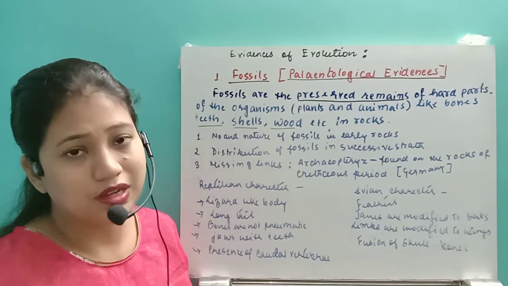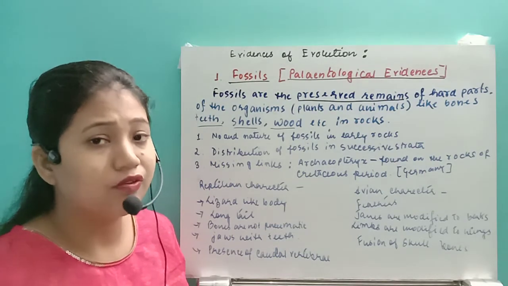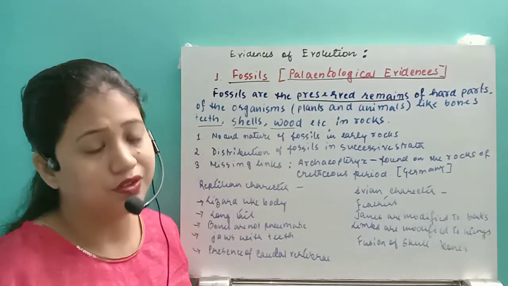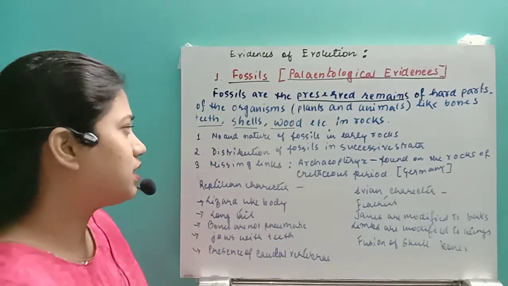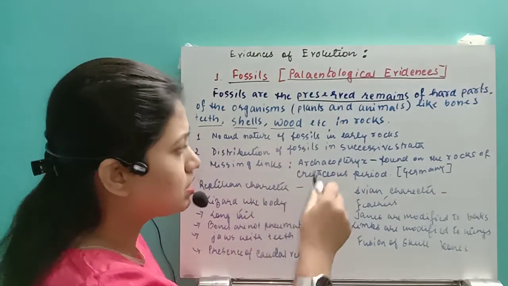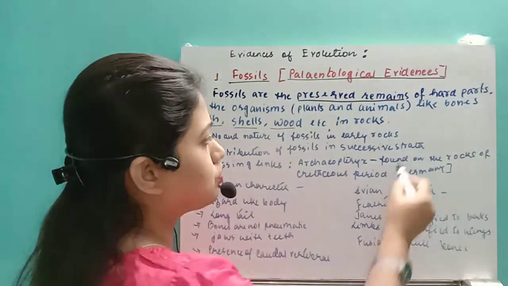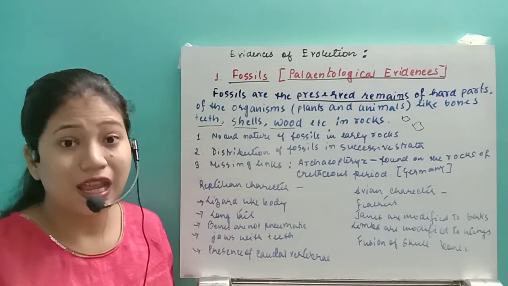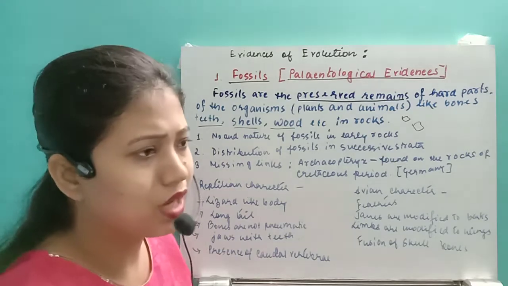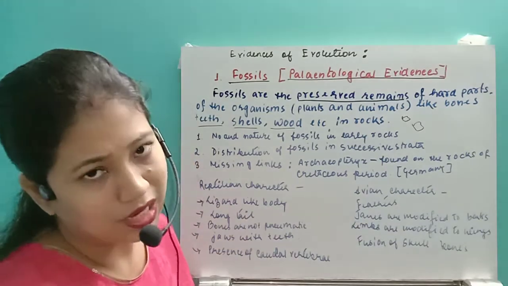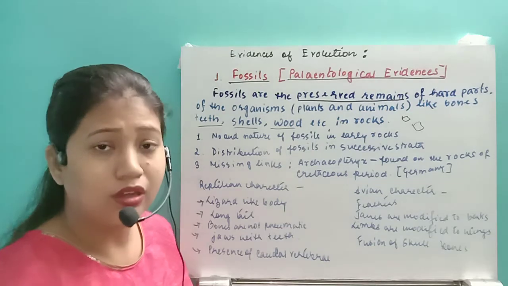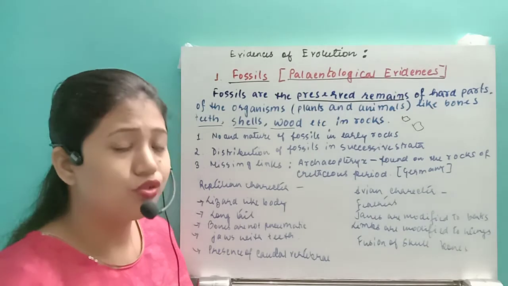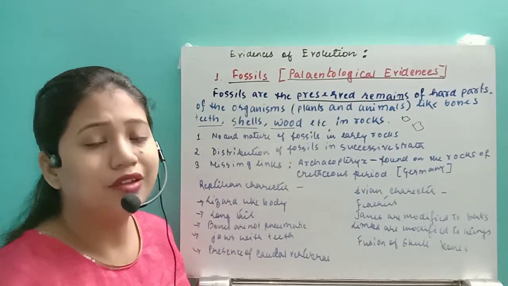Depending on where the fossils are found and in which position they are recorded, we can also find the age of the fossil. You can see the number and nature of fossils in the early rocks. Different rocks have different ages, whether metamorphic rock or other rocks; all those rocks have a definite age.